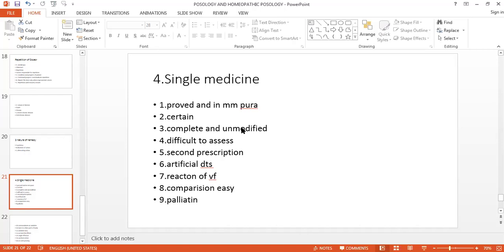Single medicine, simple medicine at a time we have to use, which is given in aphorism number 272. In 273 he said that if the symptoms are very prominent, if it is characteristic, then this is the only rational way to prescribe the single medicine for that particular disease.